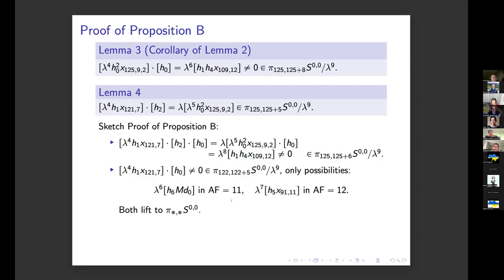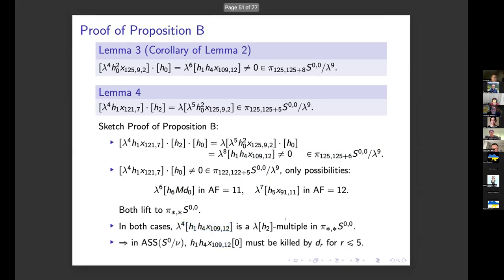And therefore, I can lift this relation to the synthetic sphere. So in both cases, I obtain the conclusion that this target in 125, 14 has to be a new multiple. That will force that in Kervaire, this element has to be killed by a differential of length smaller than or equal to 5.